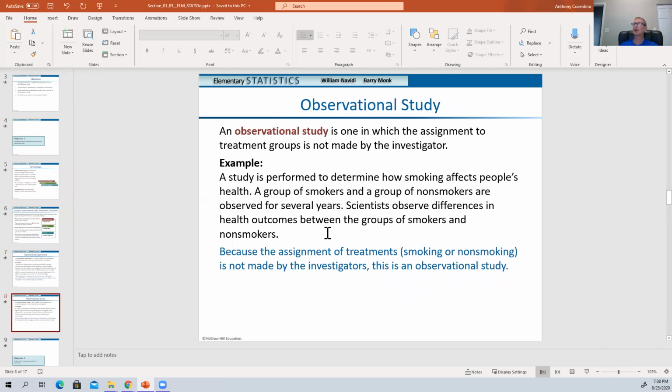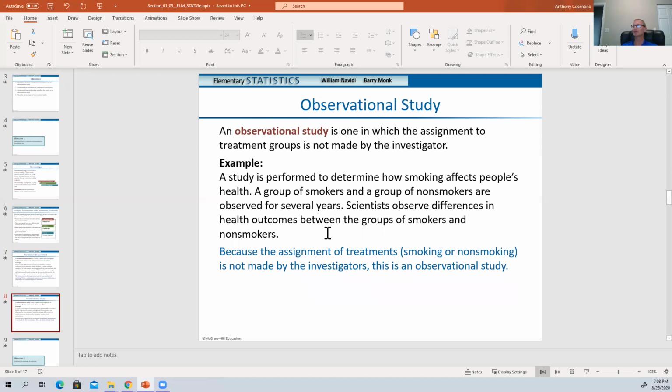And then what we talk about as an observational study is one in which the assignment of the treatment group is not made by the investigator. So what we're doing in this example here, and I'm going to read the whole one, is that a study is performed to determine how smoking affects people in a health group. So you get a group of smokers and a group of non-smokers and observe them for a period of time, here several years.